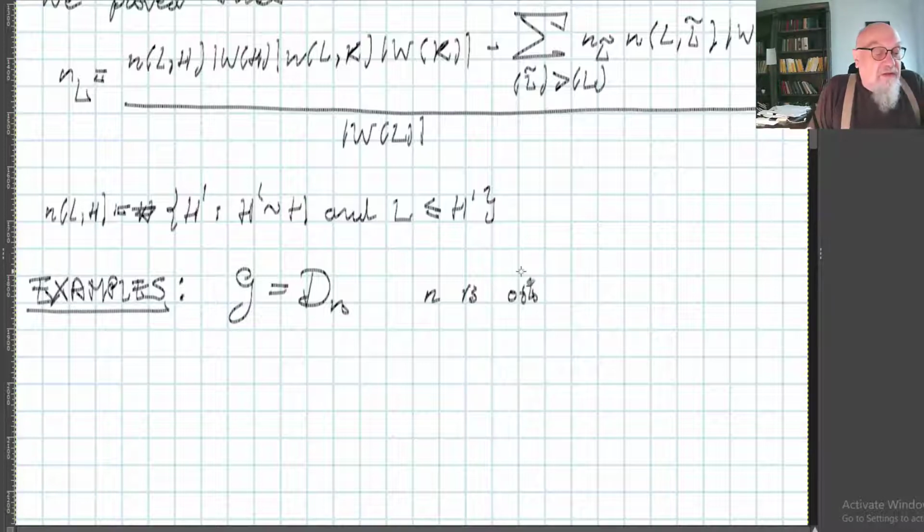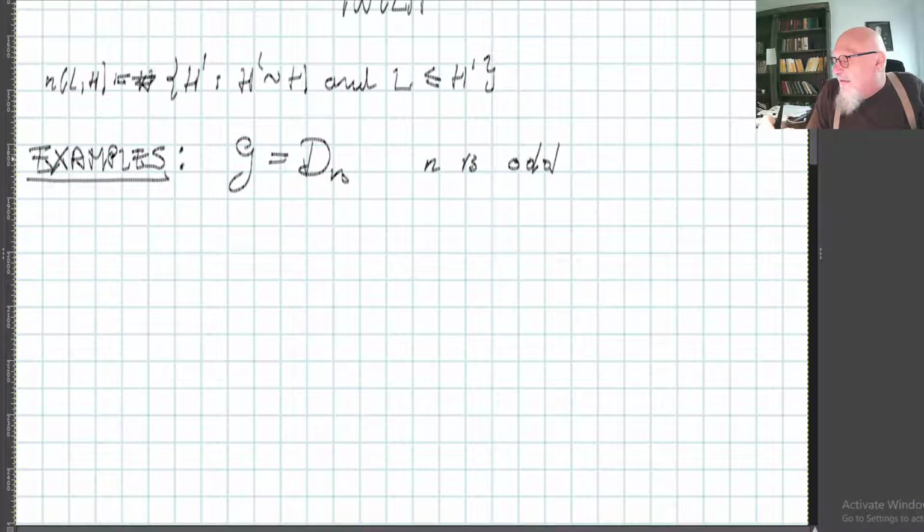And this assumption that n is odd is crucial. It makes everything easy. Even when n is even, it's more difficult. So we are just simply avoiding difficulties. And we will try to do the computations by hand, and that means we will try to avoid any possible problems.